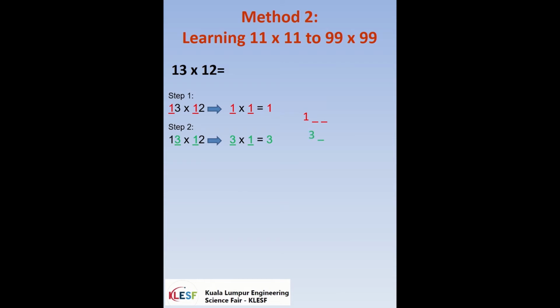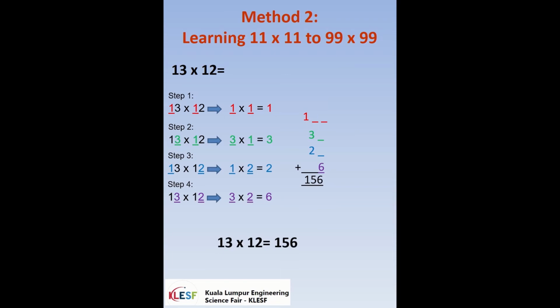This 3 will become 30. The first digit of the first number and the last digit of the second number, 1 times 2, equal to 2, and this will form 20. Then the last step is we consider the last digits of the two numbers. 3 times 2 is 6. So we total up 100 plus 30 plus 20 plus 6, which is equal to 156. So 13 times 12 will equal 156.